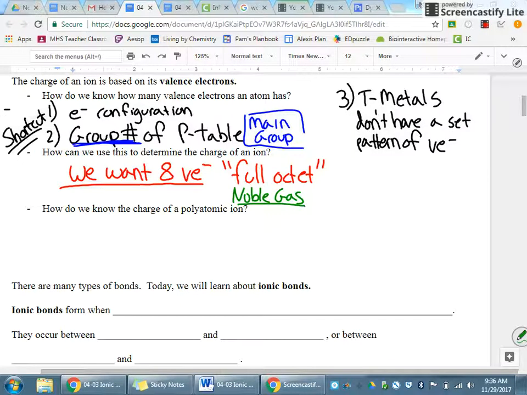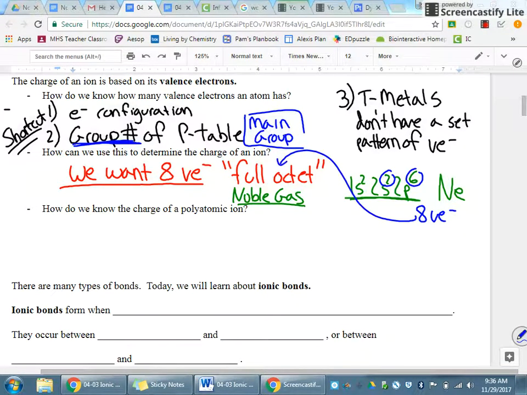For instance, 1s2, 2s2, 2p6 is the electron configuration for neon. Neon has 8 valence electrons. So like I said, we want a full octet.